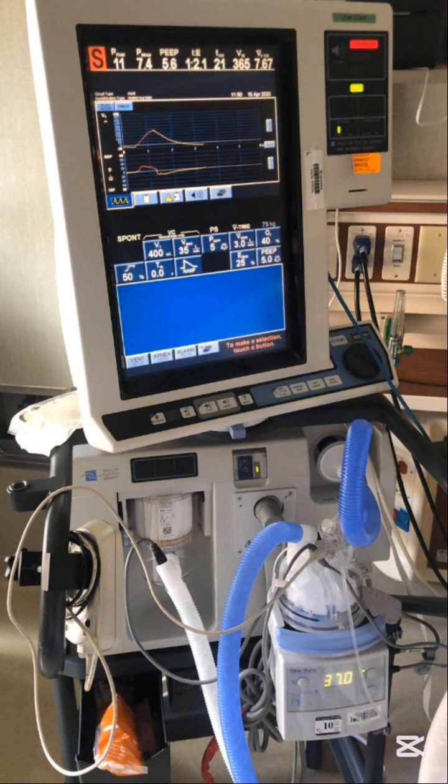Next, we are going to talk about the indications of mechanical ventilation. That is how a layman, or a person who has never worked in the ICU, would come to know when to put the patient on the ventilator machine. So, first of all, you have to look at the patient.